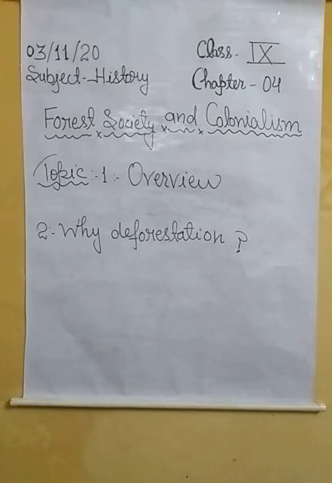Alright. So students, the most important factor responsible for the loss of important forests and trees was the making of sleepers for the tracks. And students, the meaning of sleepers is wooden planks laid across a railway track.